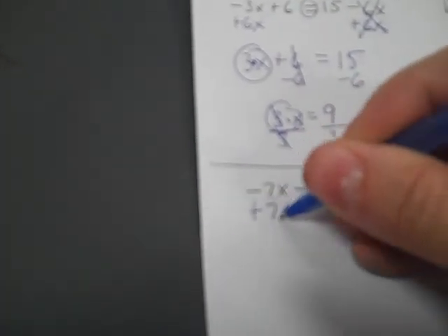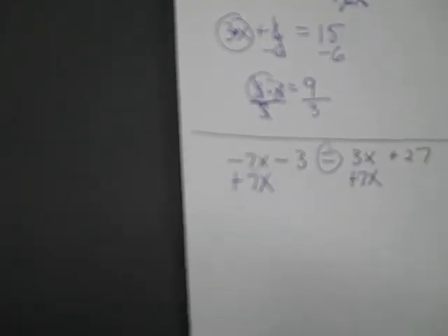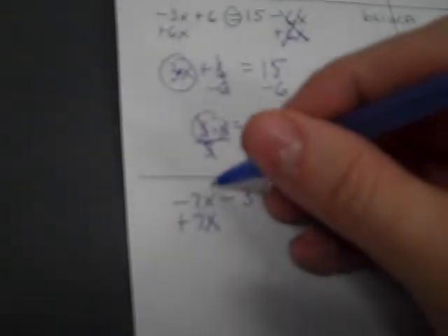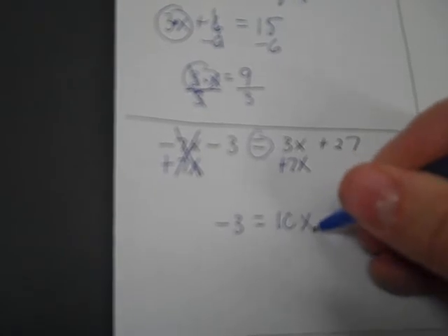You need to think of that, what negative is like a minus. So what's the opposite of minus? It's plus, okay? So I add 7x, and then I add 7x to the 3x on the other side. Now, negative 7 plus 7, 1, 2, you're adding 7. You're going to be at 0. And we have negative 3. And then 3x plus 7x is 10x.